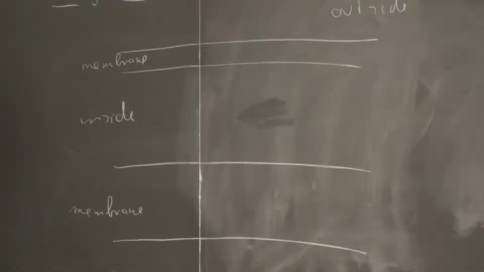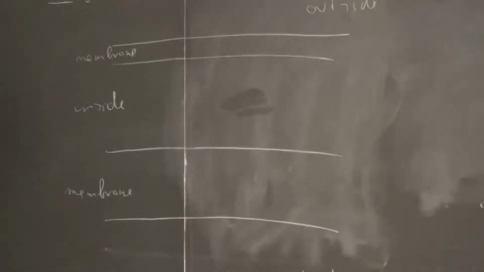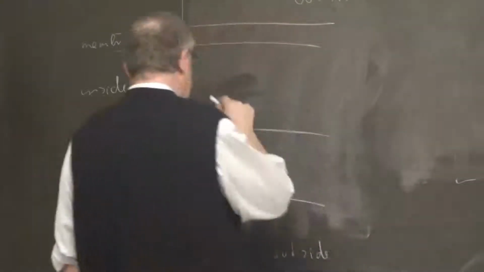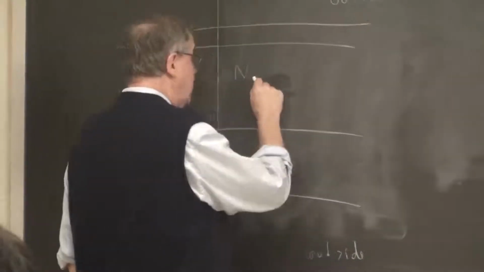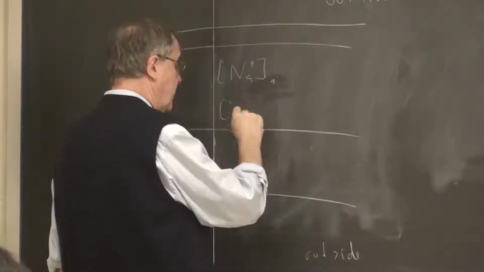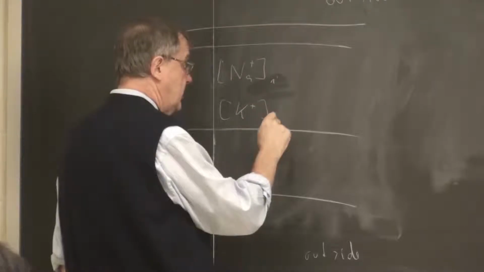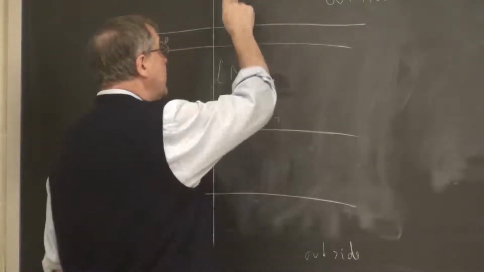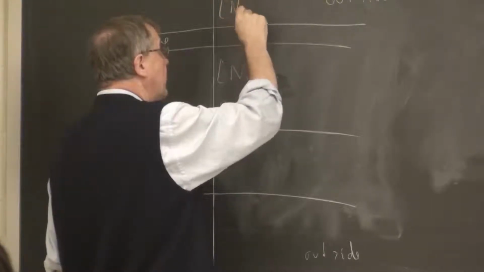And at the moment, it's only the topology that is important. We have an inside and an outside. So on the inside, we have certain ions that contribute, and the most important ions are potassium and sodium. They have a certain concentration inside, and they have a certain concentration outside.